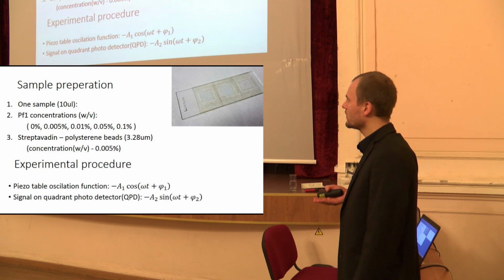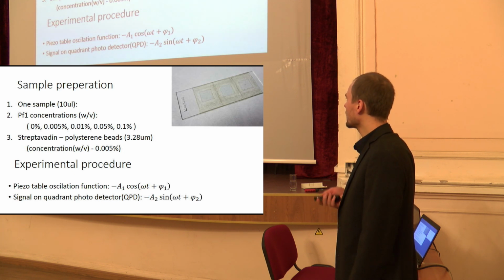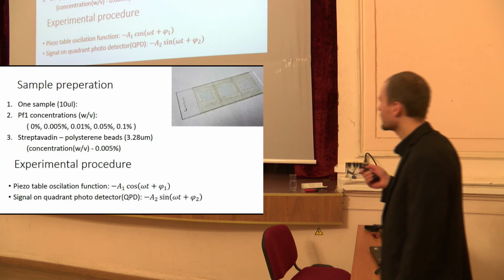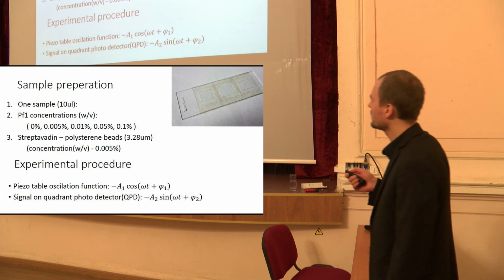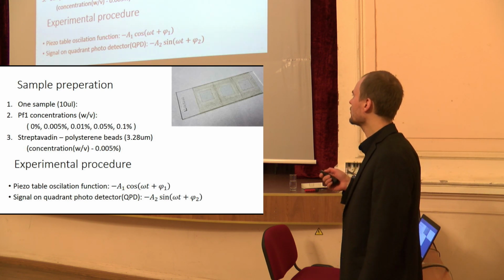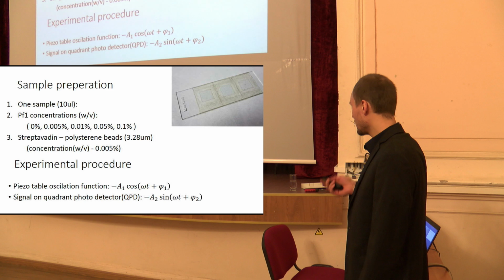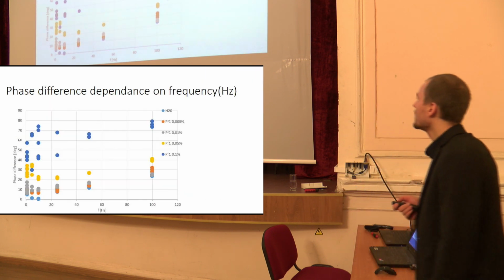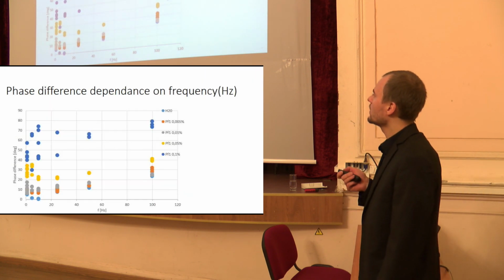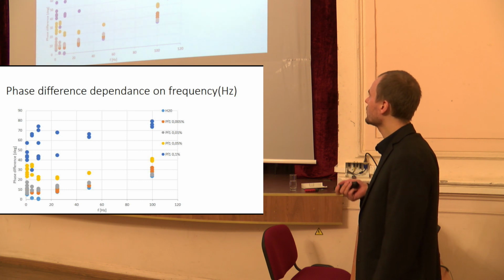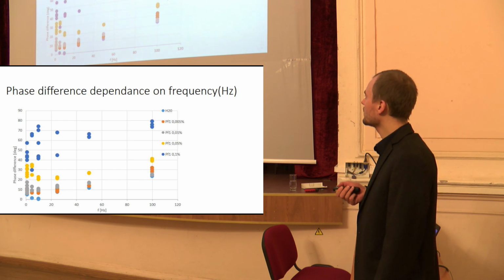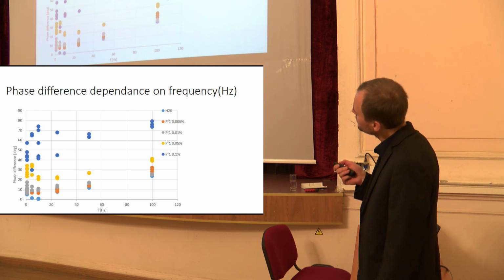And in the result, we acquired the phase difference between the oscillation of the sample and the oscillation of the signal. And the results are these. For a water sample, where there is no bacteriophage introduced, we acquired this data.